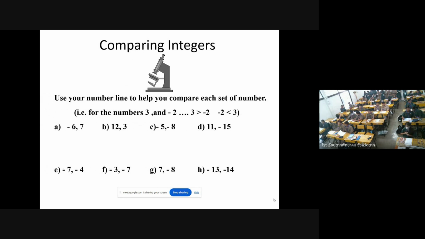Teacher, where can I write? Okay, for number one, exchange notebooks because I'm going to get the score. Yep.